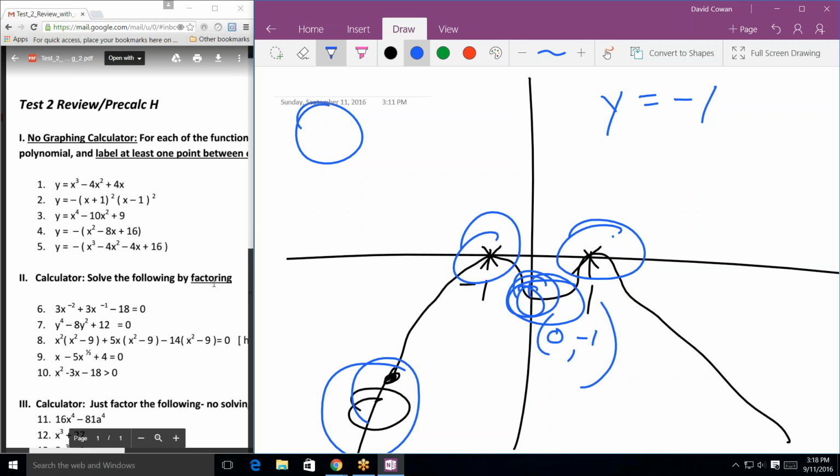But when I examined it closer, I realized it had to come from negative infinity. In other words, when x is negative infinity, y is negative infinity. And when x is positive infinity, y is negative infinity.